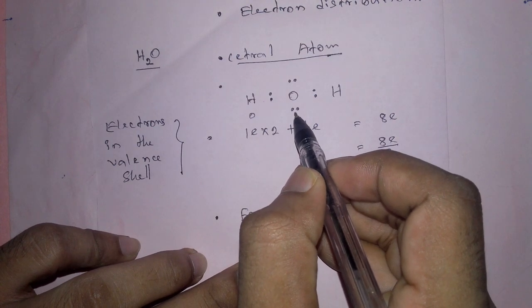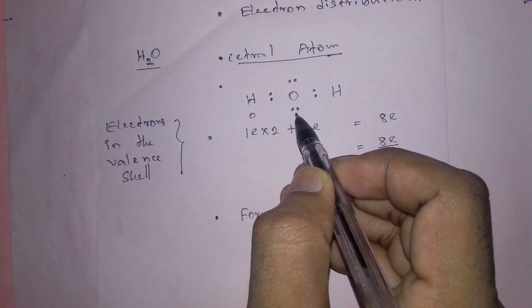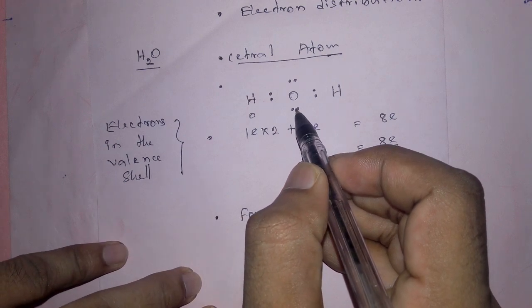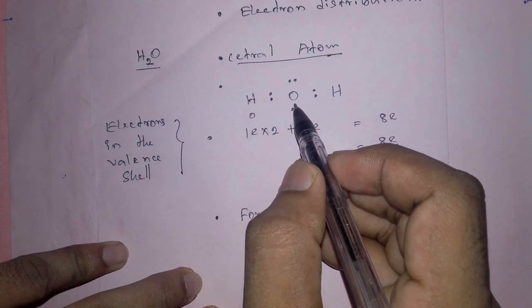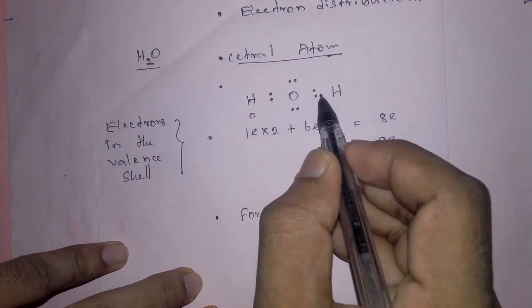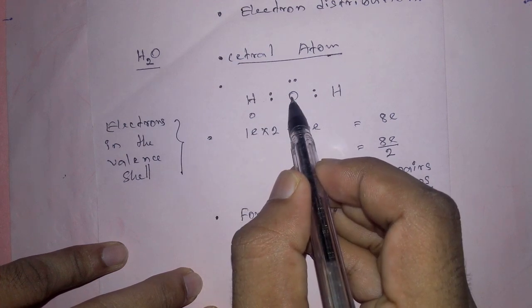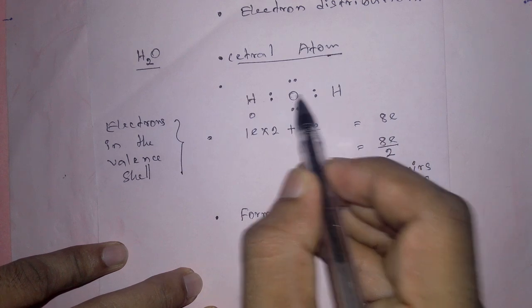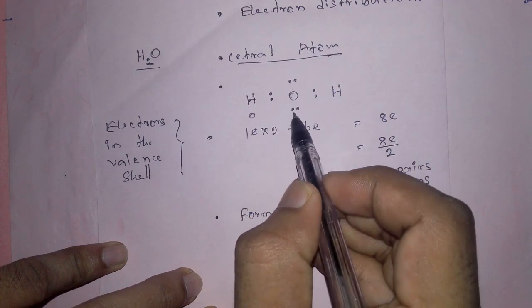Let's see about the oxygen as well. Oxygen has 6 electrons before formation of bonds. Let's see how many electrons are present in its valence shell after formation of bonds. From this bond, only 1 electron gained to the oxygen. From this bond as well, 1 electron gained to the oxygen. Then there are 2 lone pairs.